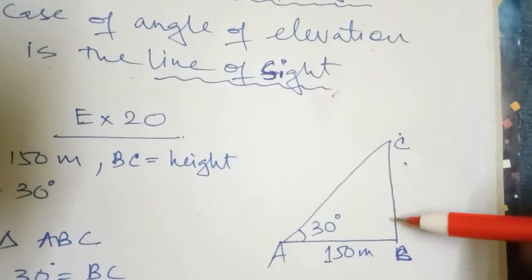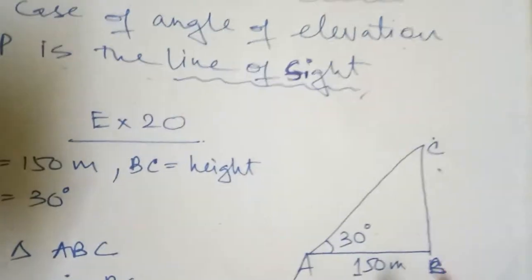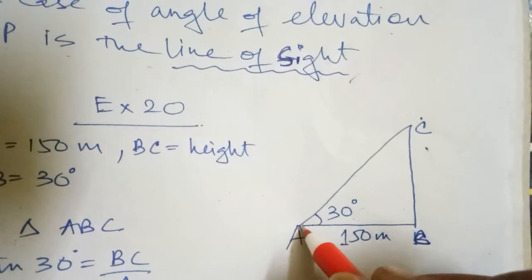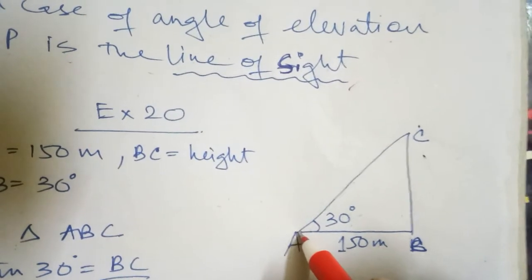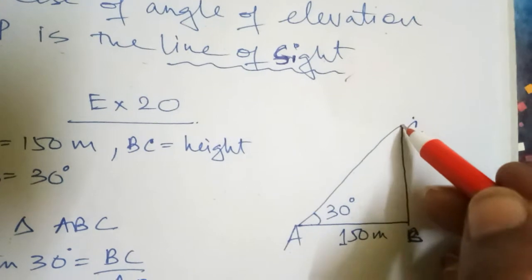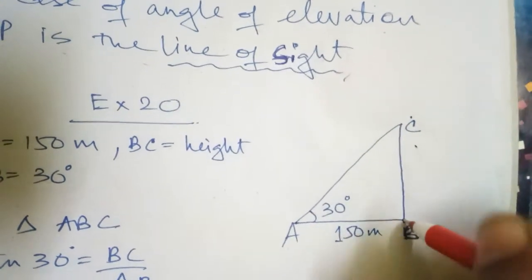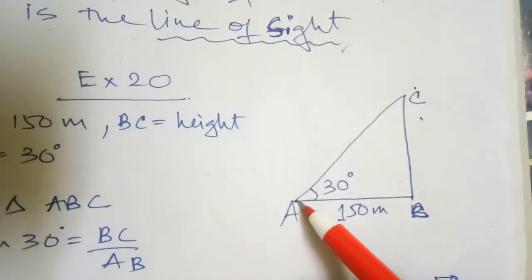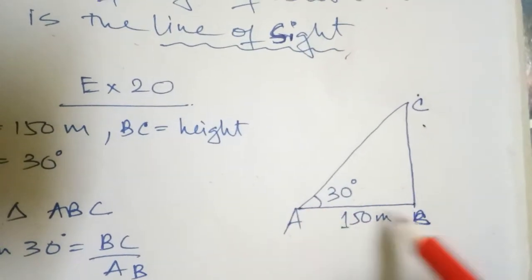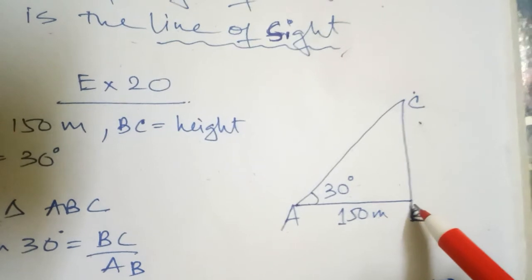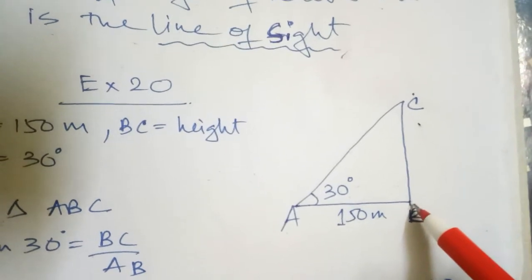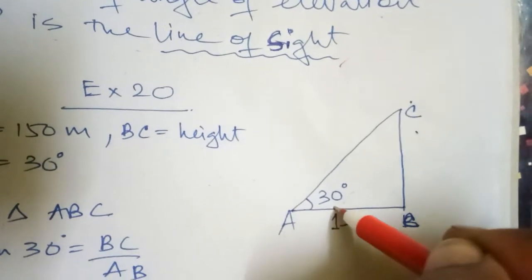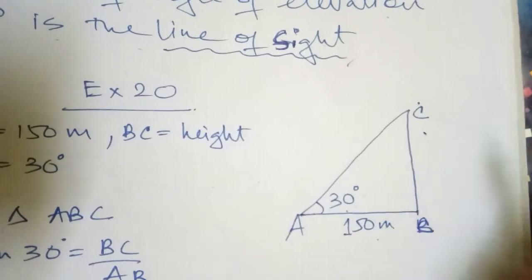Now from a point A on the ground, at a distance of 150 meters from its foot, this is the building, the foot of the building is B, and A is a point away from the foot of the tower, that is 150 meters. The angle forming is 30 degrees. Now see, it is forming one right angle triangle.